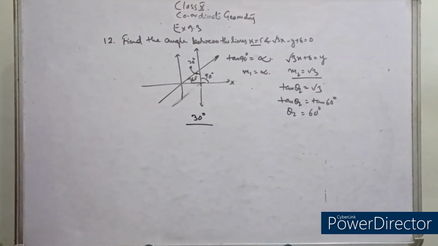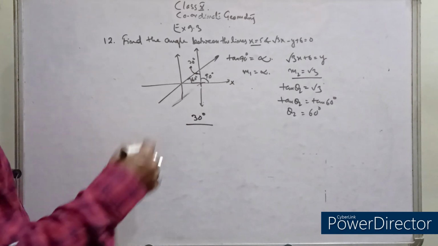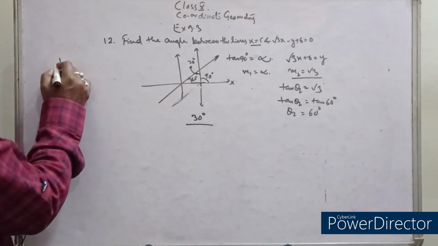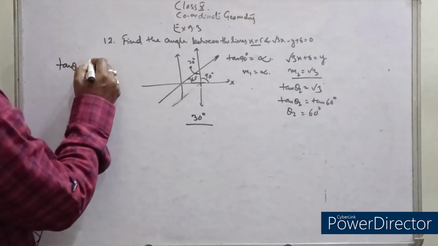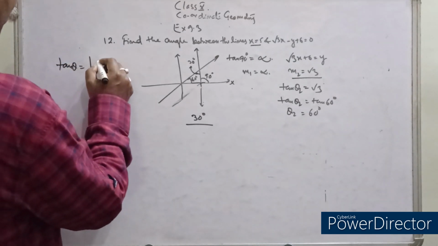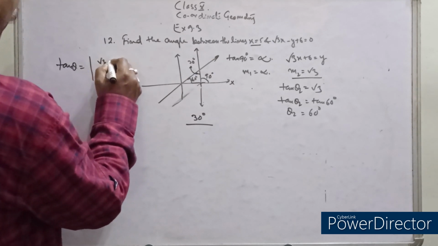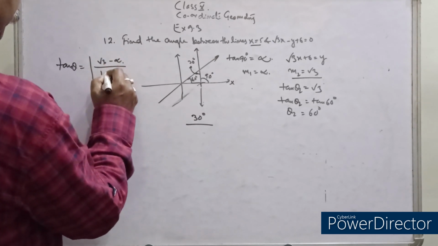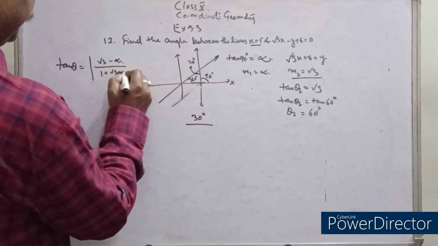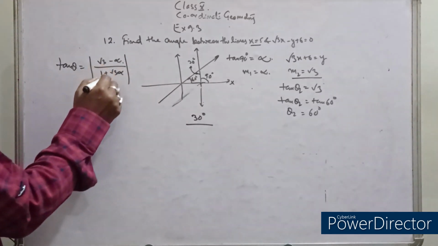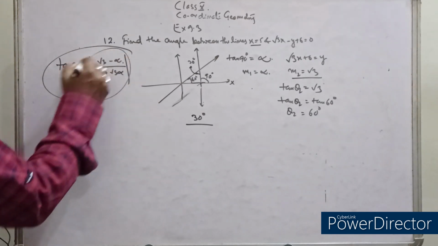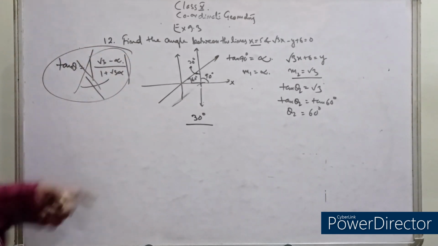You have to solve it in this way and show the answer, because you can't take this formula. You know that tan theta is equal to m2 minus m1, that is root 3 minus infinity by 1 plus root 3 into infinity. Such problems can't be solved, so you can't take this formula. You have to analyze in this way.